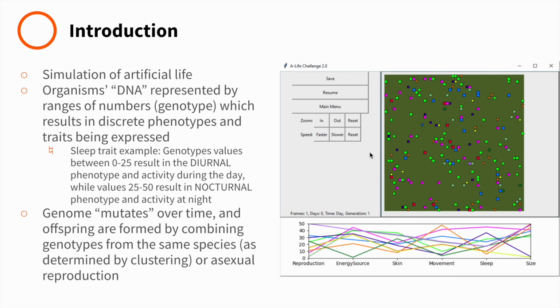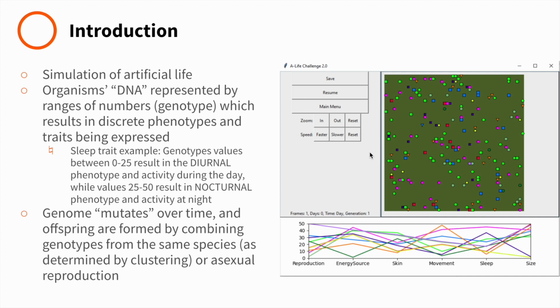To give a specific example, sleep is a relatively simple trait. So the genotype values between 0 and 25 result in the diurnal phenotype and activity during the day, while values between 25 and 50 result in the nocturnal phenotype and activity at night. And the genome can mutate over time.